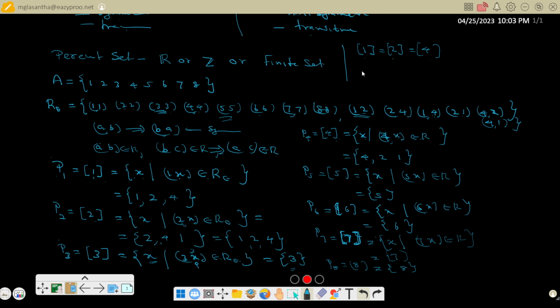And others are unequal. But if you take P1, P2, then P3, oh sorry, 3, 4, 5, and 6, 7, 8.